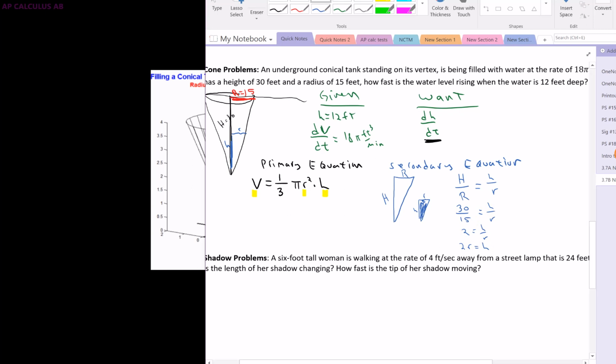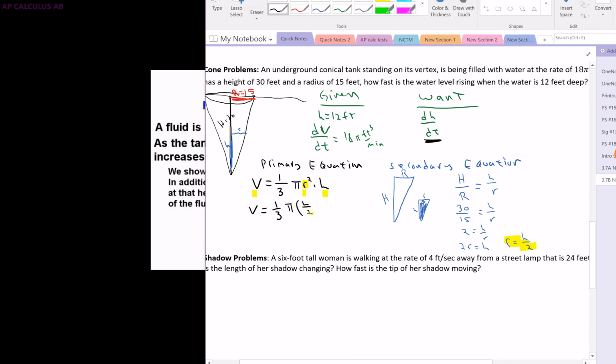Because I want dh/dt, I want this equation to be only in terms of h. So I'm actually going to solve for r, and I'm going to say r equals h over 2. All right, and what I'm going to do with this is I'm going to replace r here with h over 2, so that I only have h's.